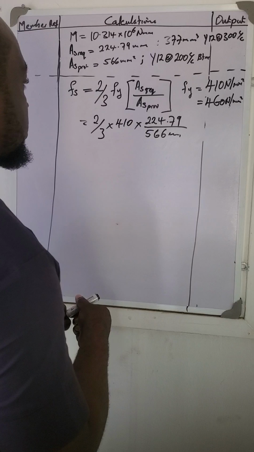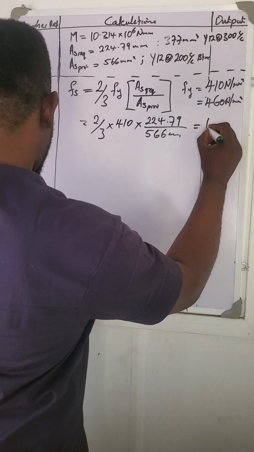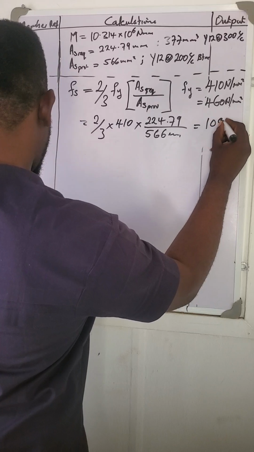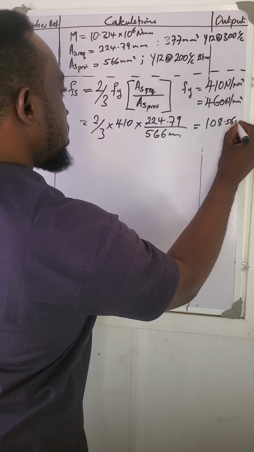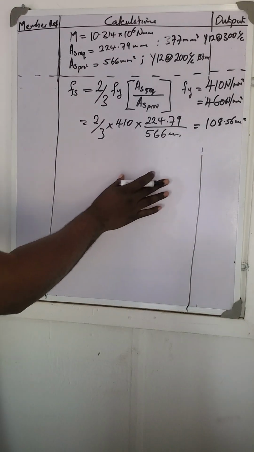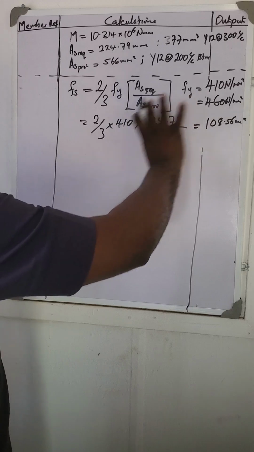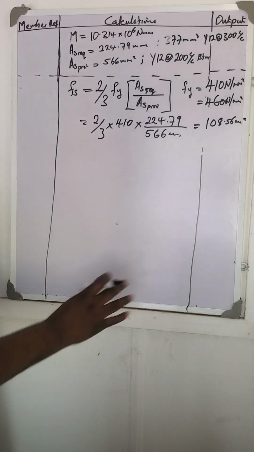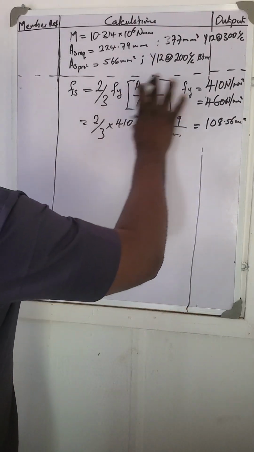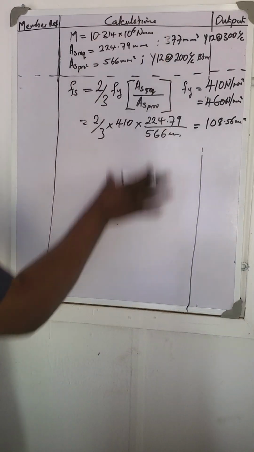The answer of this will be equal to 108.56 Newton per millimeter square. You see, I'm cleaning this board now because the board is not big enough to accommodate my calculations. But in your calculation sheet, all this calculation has to be inside your calculation column.